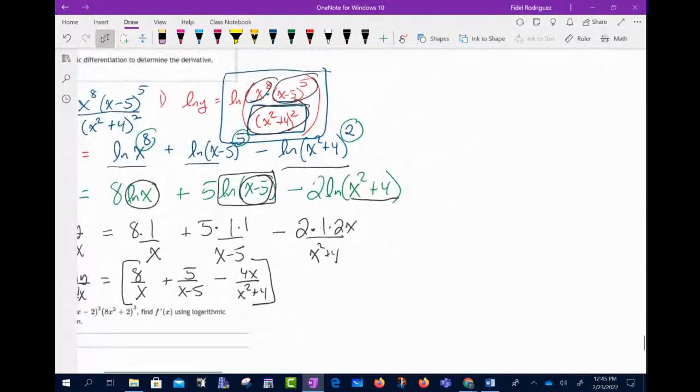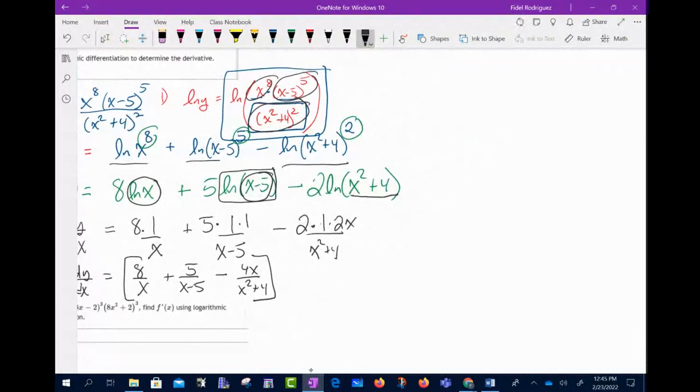Okay, so look, this is what we're going to do. We're going to do a little bit of algebra. So I still have a 1 over y and a dy dx on my left side. Now, on my right side, y'all, I'm going to write three new fractions, with my denominators being x, x minus 5, and x squared plus 4. Let me give myself a little bit more room because I'm going to need it.